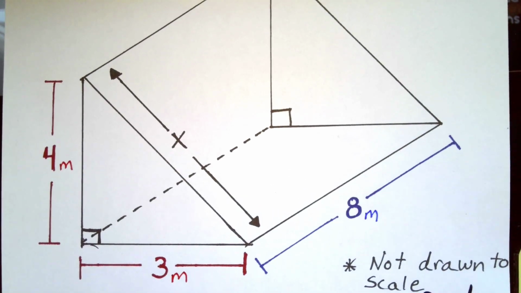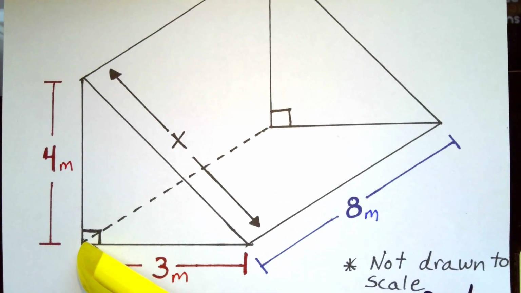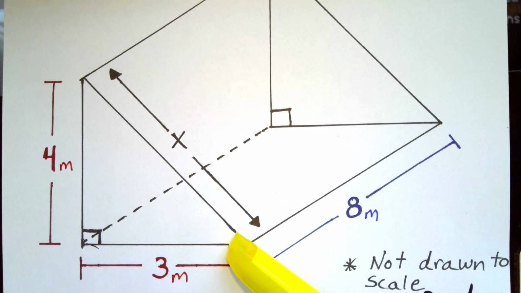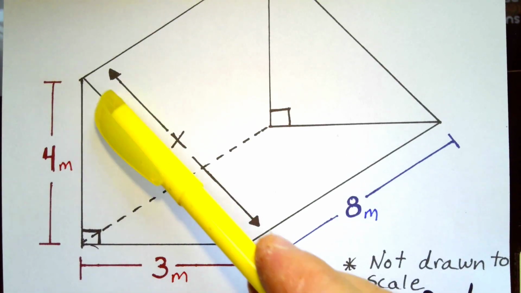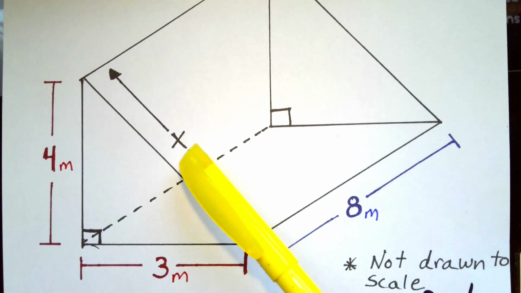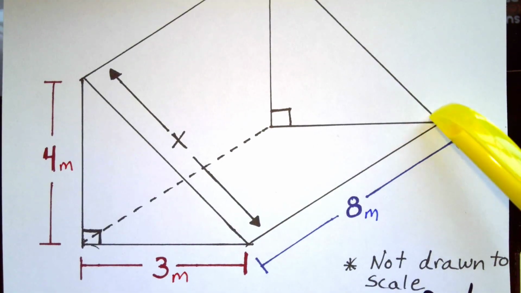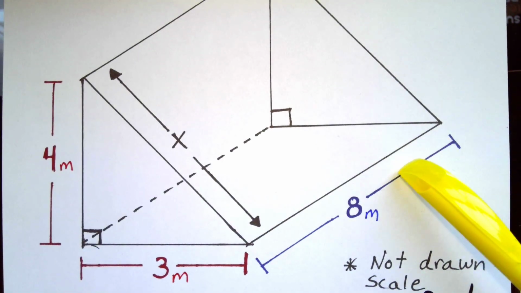We still have a value of 4 meters, a value of 3 meters. We now know the hypotenuse from the previous instructional video and test question is 5. And then we have a height of the triangular prism of 8.